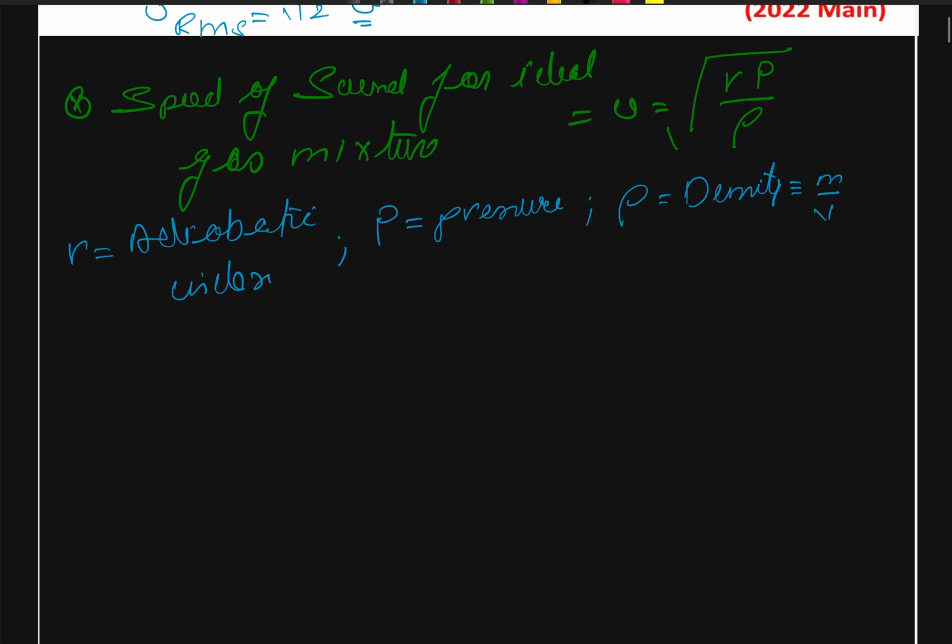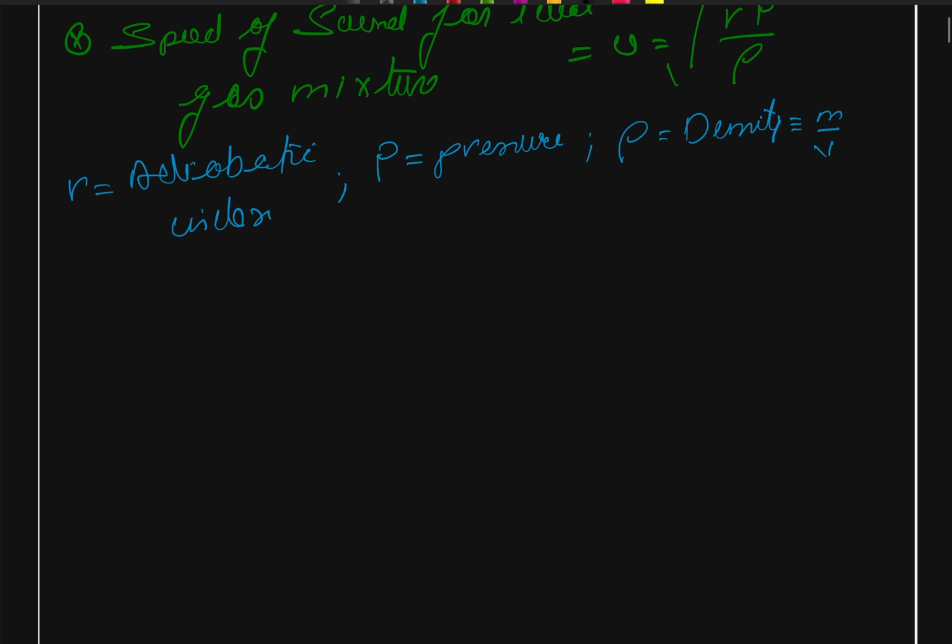Okay. And from the ideal gas law, we also know that PV is equal to nRT. Therefore, we can write that our density will be equal to, in place of the mass, the number of moles times the molar mass, divided by the volume.